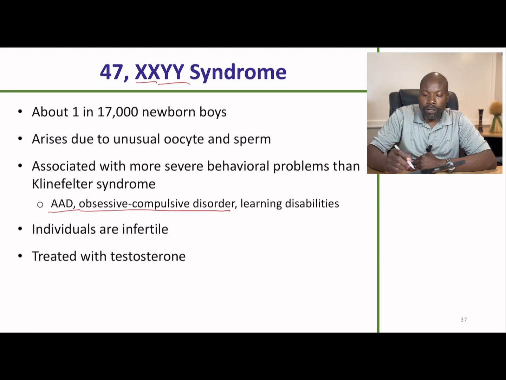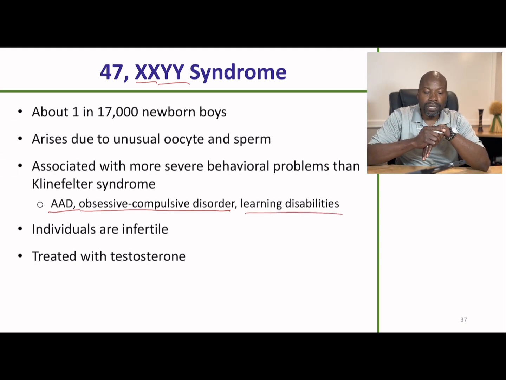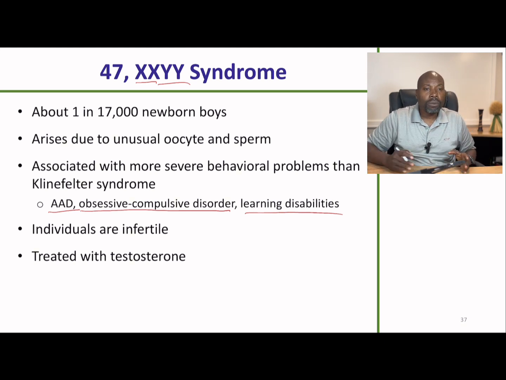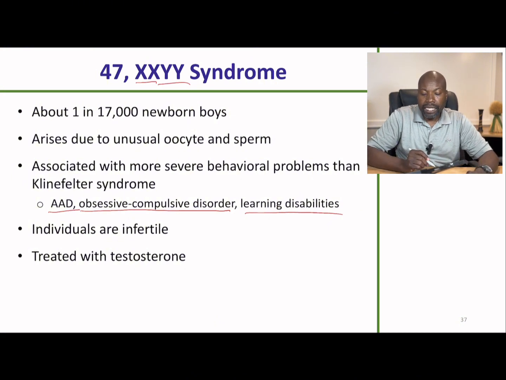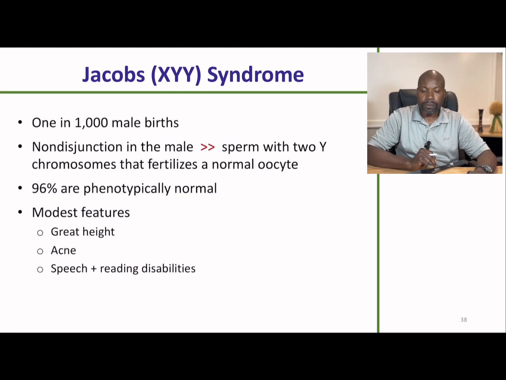Some are going to have learning disabilities. Not everyone is going to have learning disabilities, but for sure, the individual is not going to be able to sit still, right? Individuals are going to be infertile. Okay, this condition can be treated with additional testosterone.